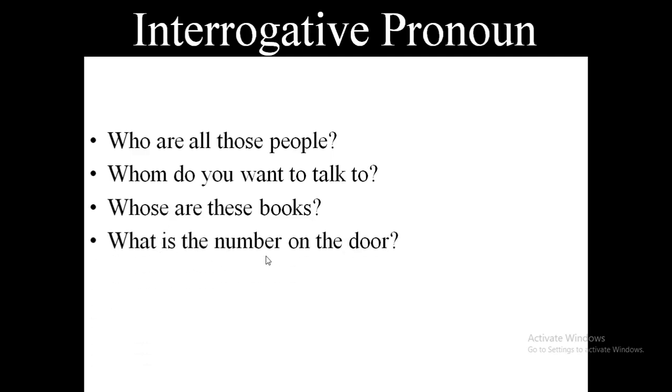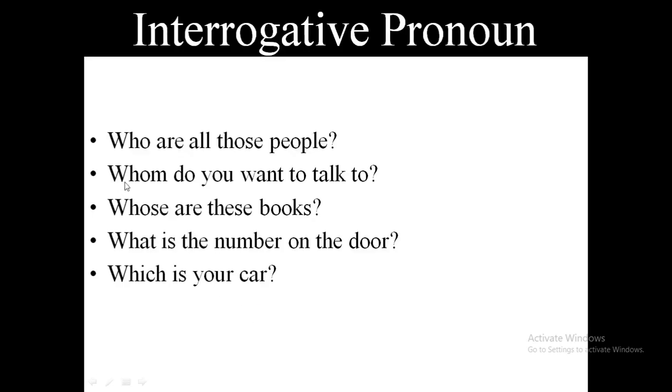What is the number on the door? What is referring to number. And which is your car? Which is referring to car. So this is the way you can understand. Who, whom, whose, what, which are going to be called interrogative pronouns.